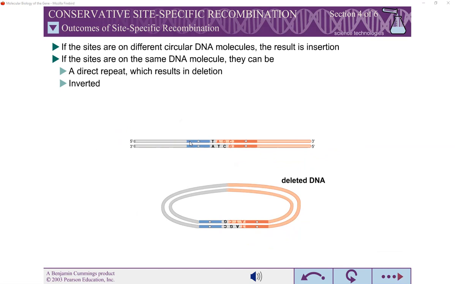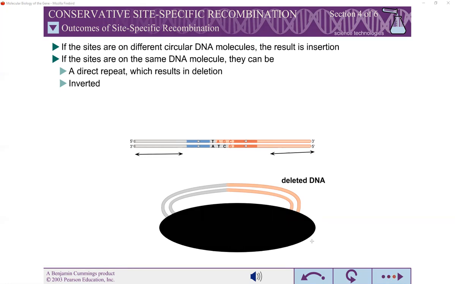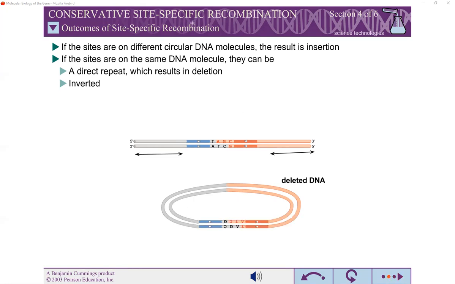So, if there are two direct repeating sequences, then the two direct repeat sequences will undergo recombination. There is one direct repeat sequence here, and another direct repeat sequence here. Then they will lead to the formation of this type of product that has been produced.